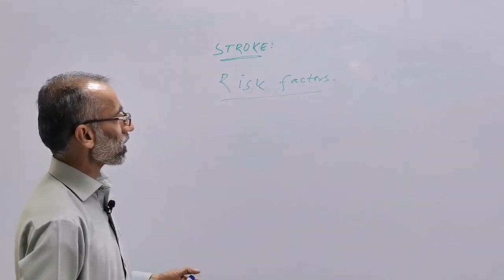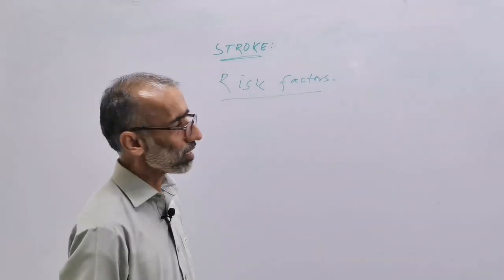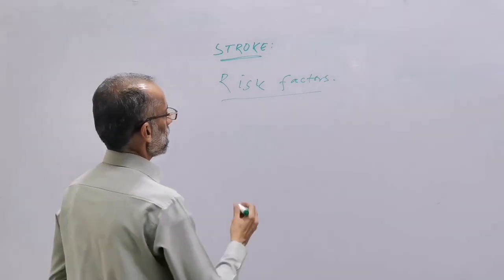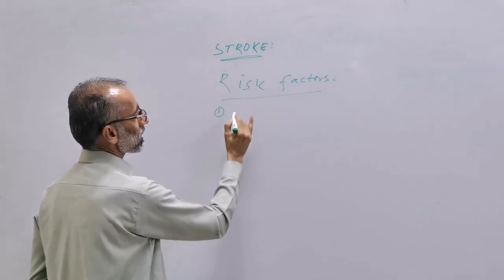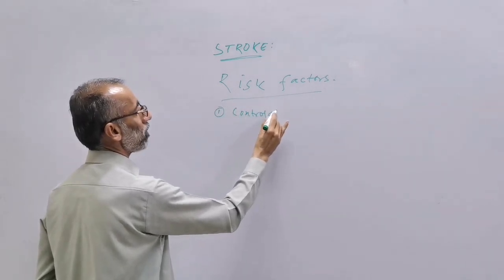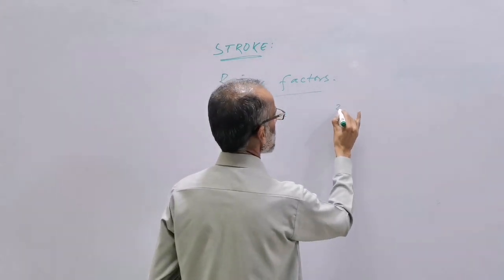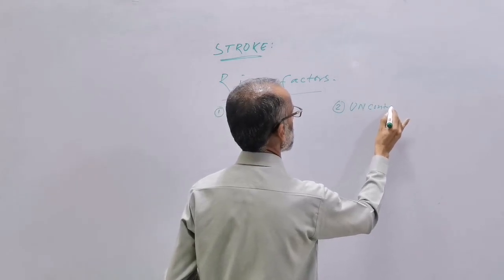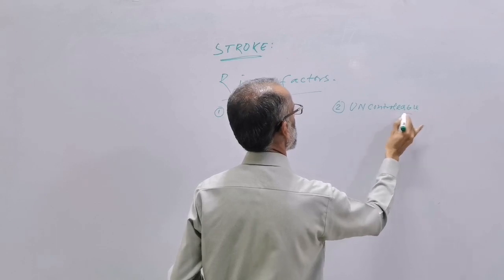What are the risk factors for a stroke, or who is at risk to get a stroke? There are two types of risk factor. One is the controllable risk factor, the other is the uncontrollable risk factor.